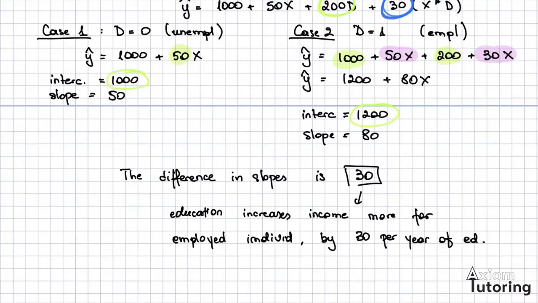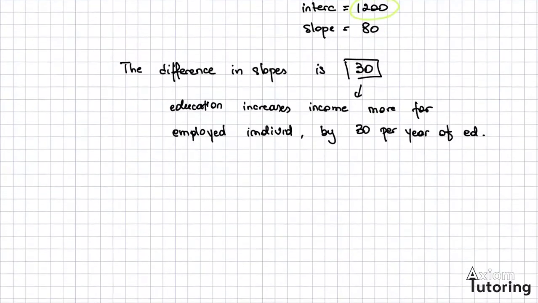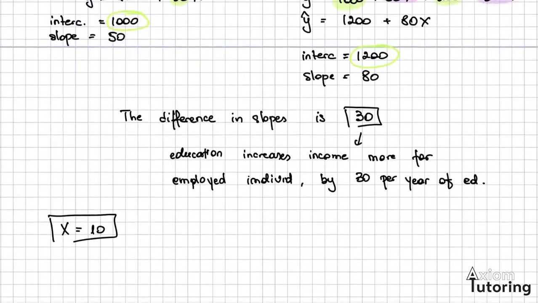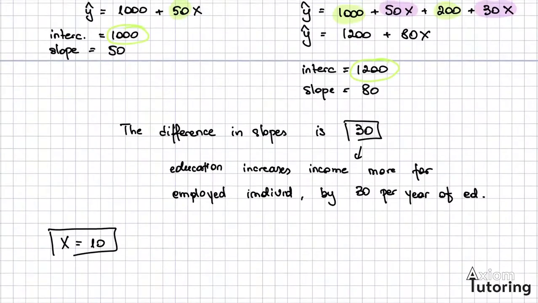Now, what if you wanted to compute predicted values? Let's see that with an actual example. Imagine, assume that X is equal to 10, which means we've got 10 years of education. We're going to use the same information that we have here.